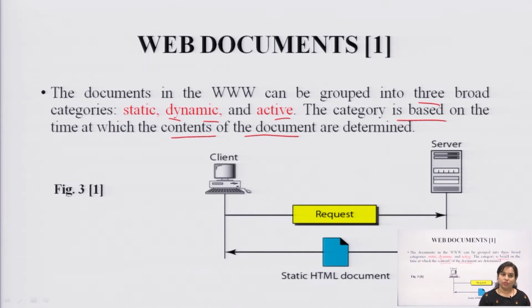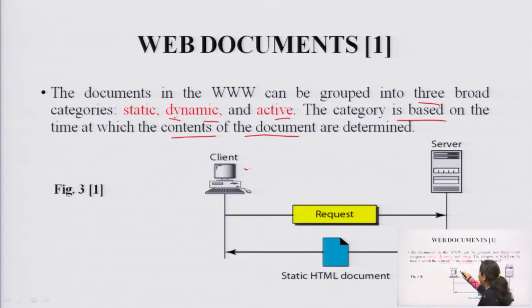So, this is the procedure. There are 4 to 5 different web pages displayed, and then I will download the syllabus. That is how the different web documents will be there. So, at the time when I want to access a particular web page, it is characterized as a static web document, dynamic or active web document.